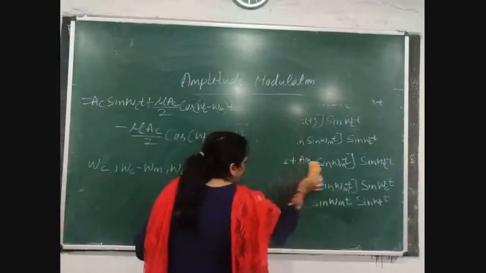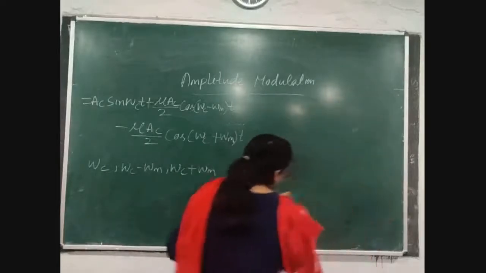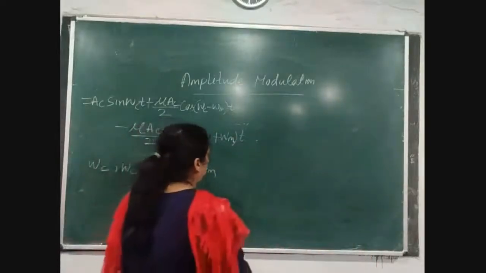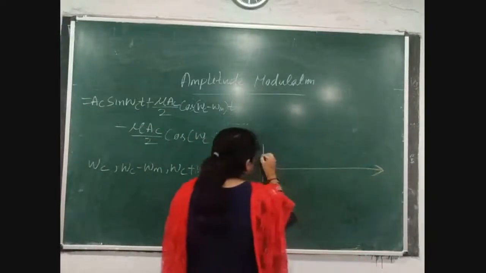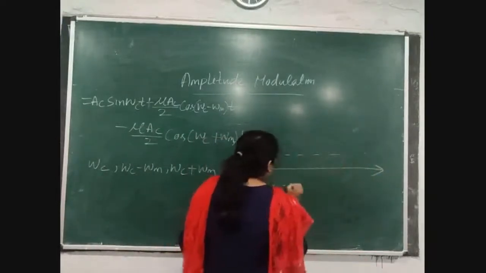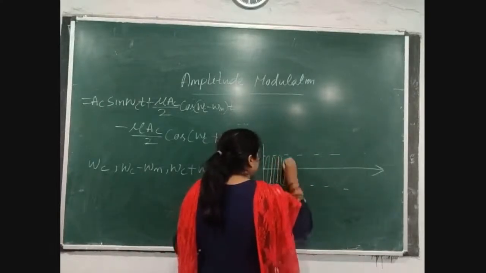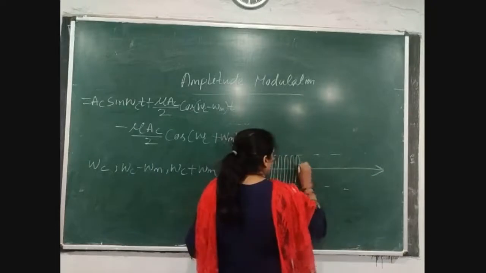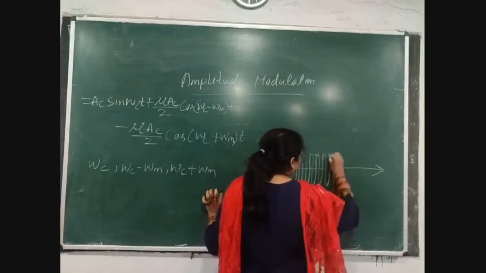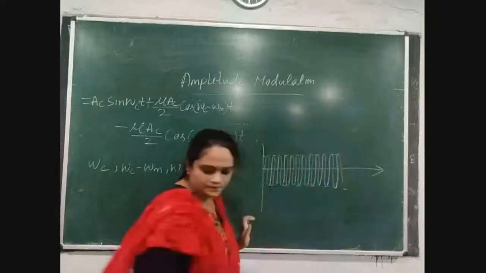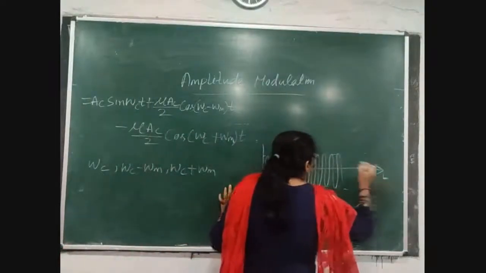So again we draw the modulated signal. First we draw the carrier signal. So this one is the carrier signal.